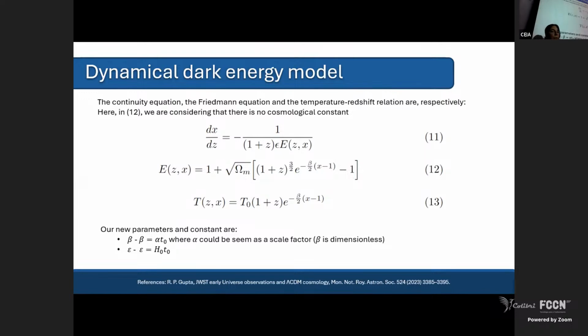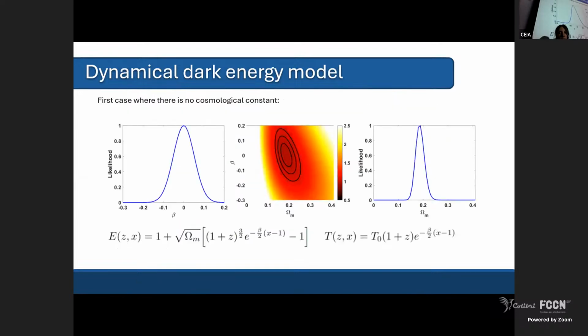So we will now also consider first a model where there's no cosmological constant. They here want to explain it as first a no cosmological constant, but we'll see rapidly that even with that, they come to a flat lambda CDM.